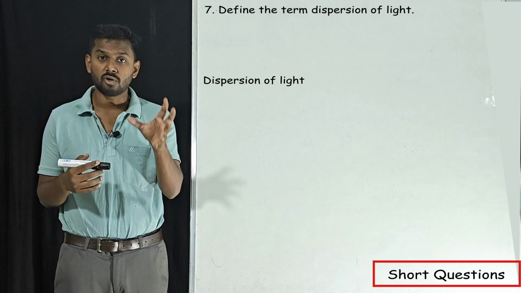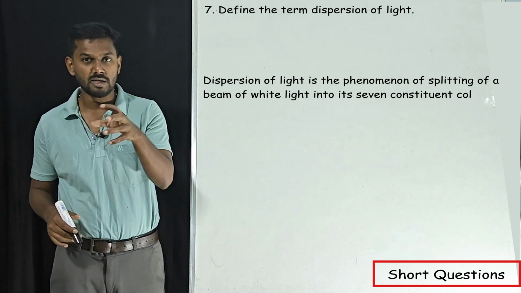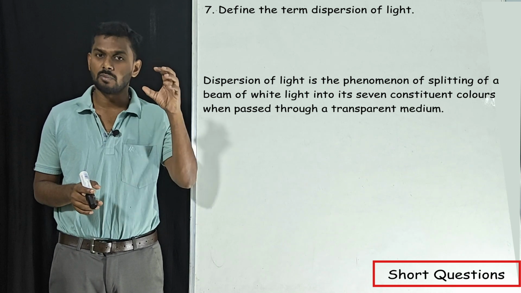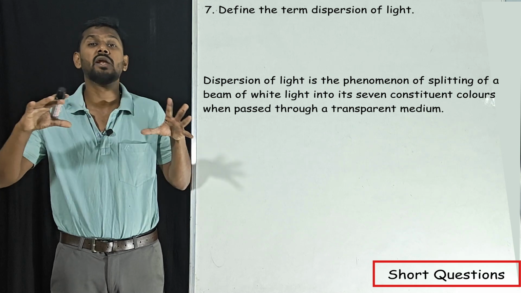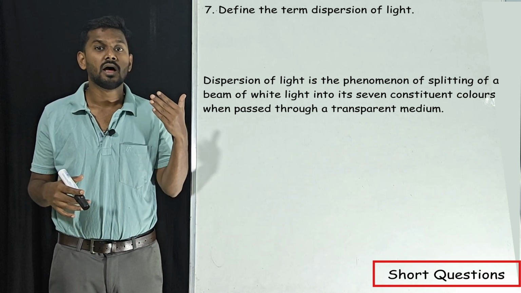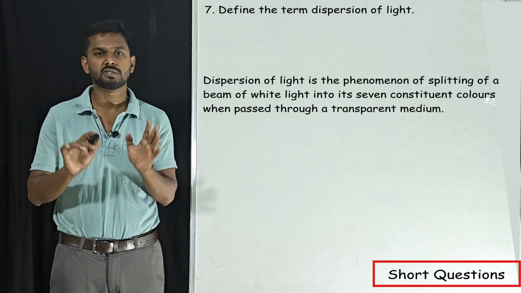So dispersion is a process of splitting of a beam of white light into 7 prominent colors when it is passed through a transparent medium. So this is nothing but dispersion of light.